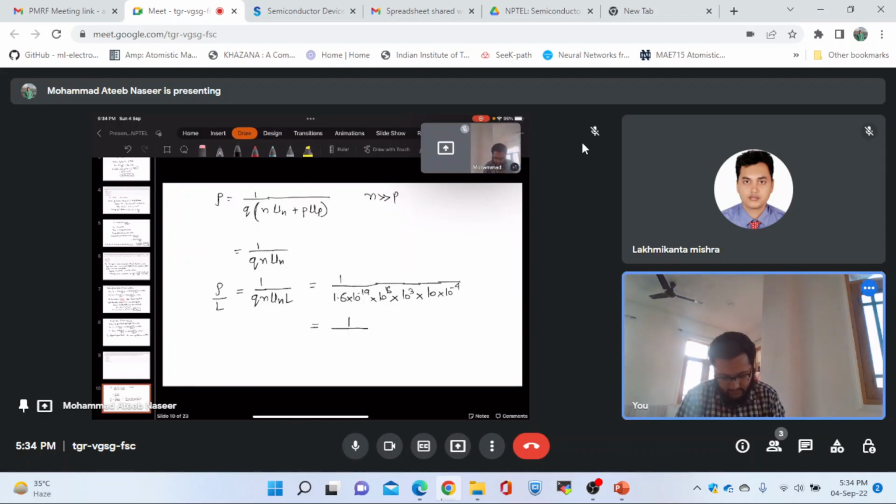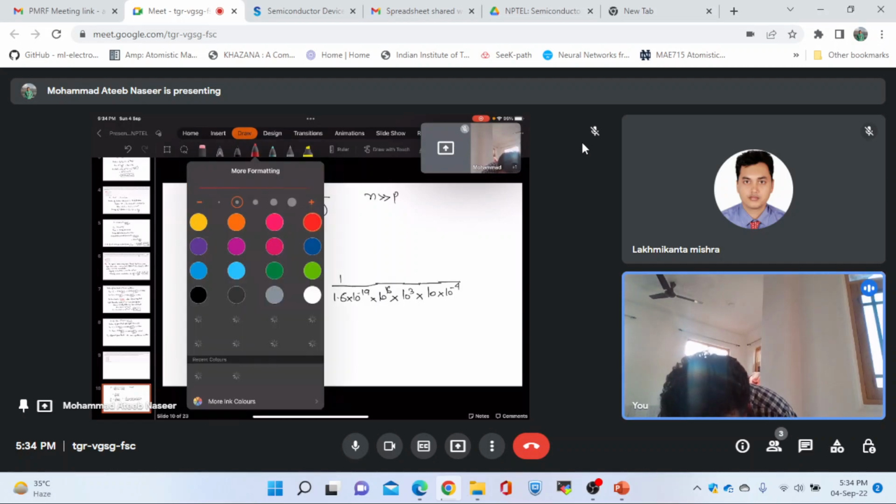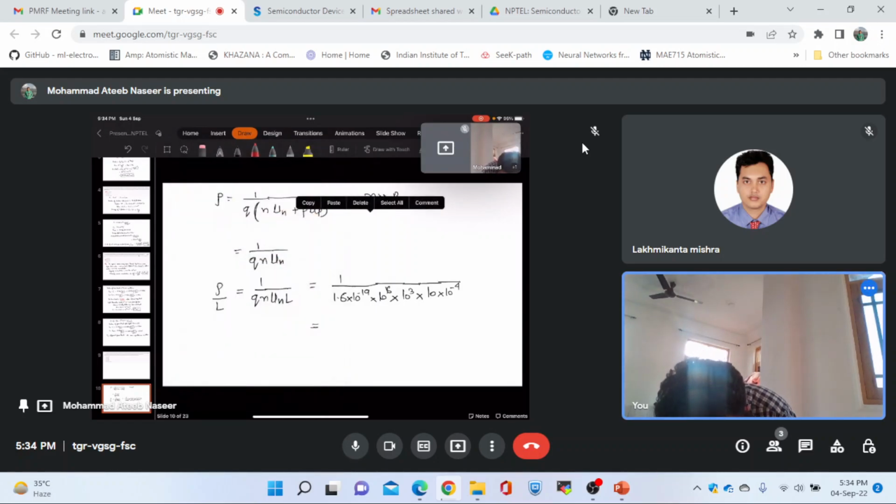on the calculator, it comes out to be equal to 0.625 into 10 raised to the power 3 ohms.